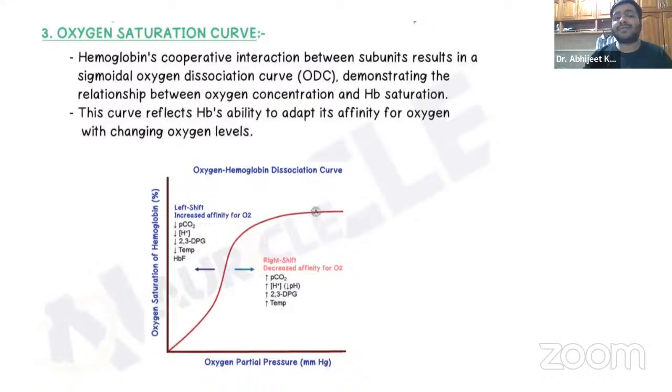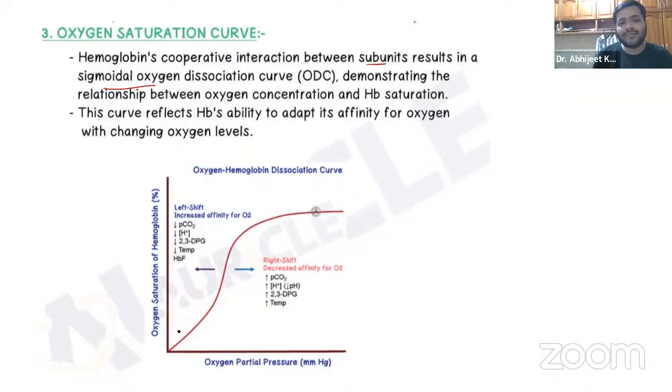Coming on to the next part, that is the oxygen saturation curve. I think this is also something which we dealt with in class 11, in the NCERT book of biology, in the respiratory system. We already discussed that the hemoglobin's cooperative interaction with subunits results in a sigmoidal curve.